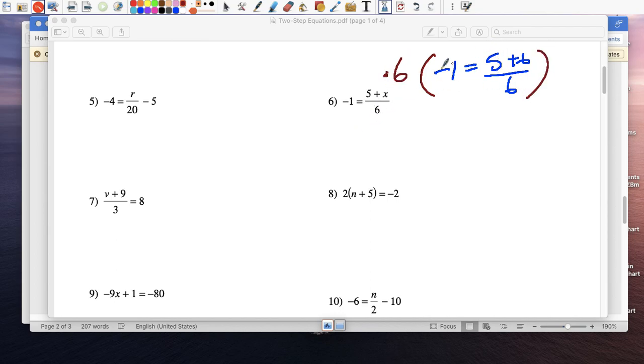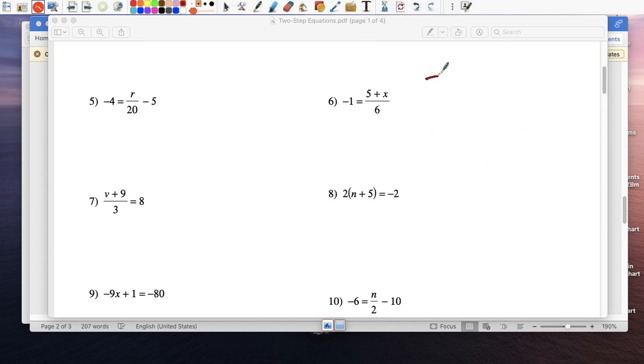If I multiply 6 times this and 6 times that, because this is one whole thing, 6 times negative 1 is negative 6, and 6 times x over 6, this 6 and this 6 eliminate, becomes 1, and I'm just left with 5 plus x. That's one way of doing it.